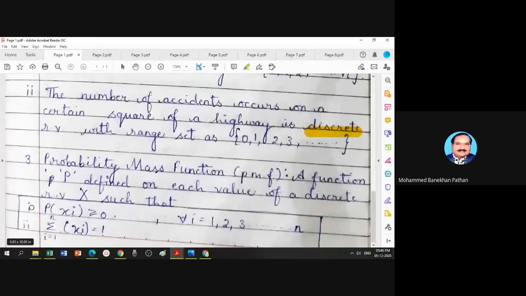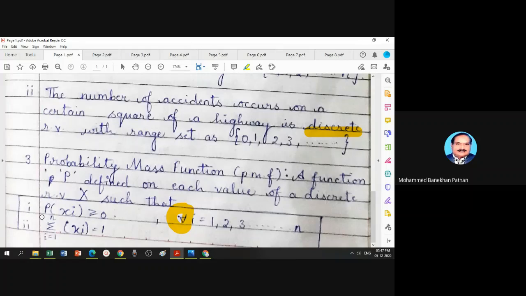Condition number 1: your function on each value of capital X takes a non-negative value. Non-negative means 0 included. So the function defined on each value of x is either 0 or greater than 0. It is true for all. This is the symbol of for all. I went to n, you can continue also.